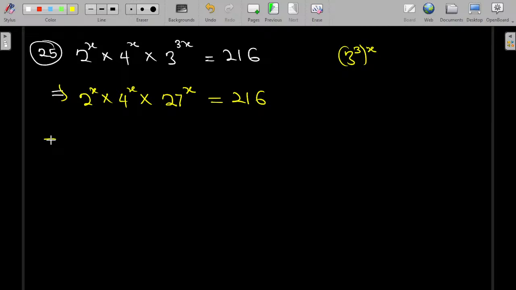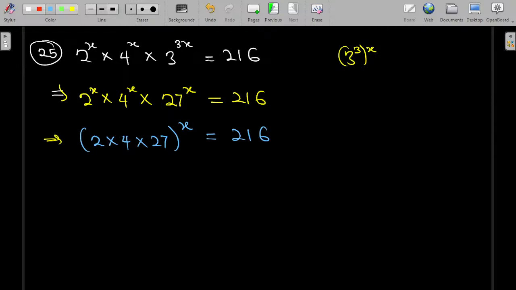All of them now have the same power, and so I can bring in a bracket and then do 2 times 4 times 27, and that is raised to the power of x, equal to 216. Okay, so what do we do from here? We will now try to see what the value of 2 times 4 times 27 will be.